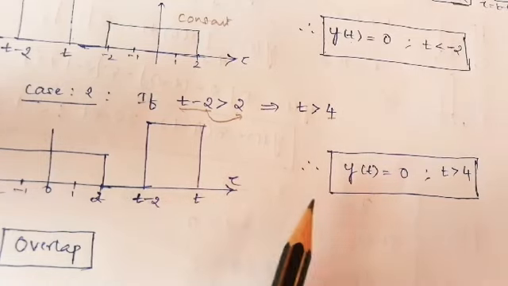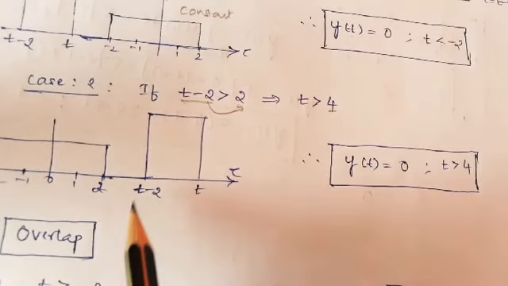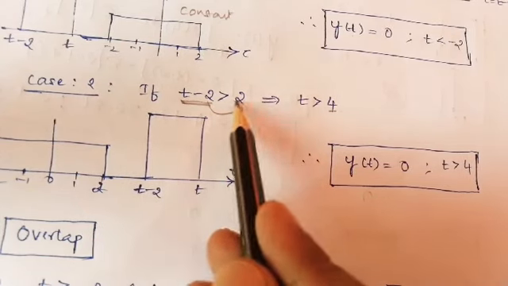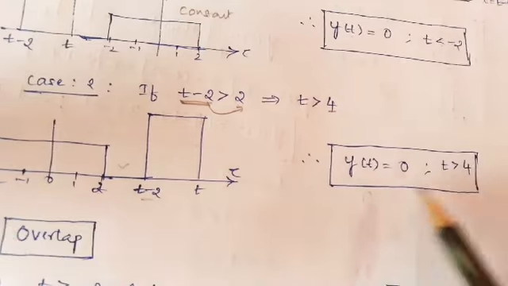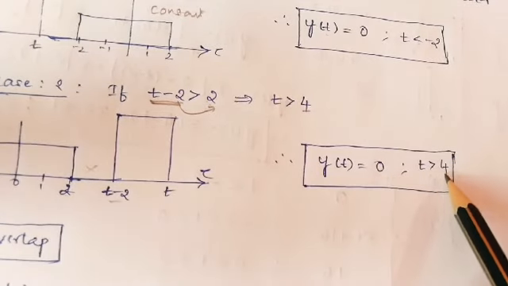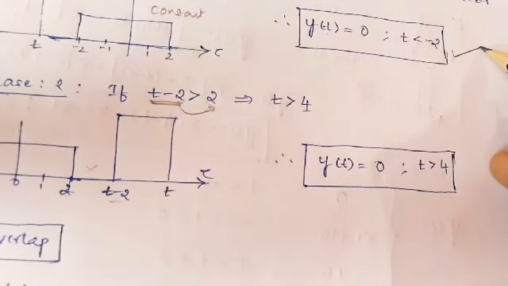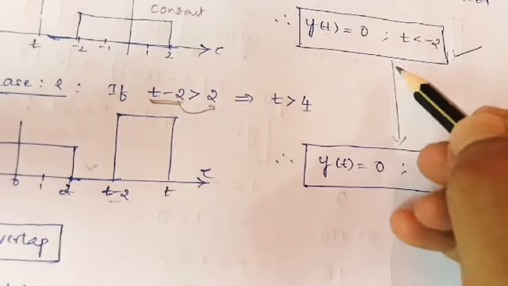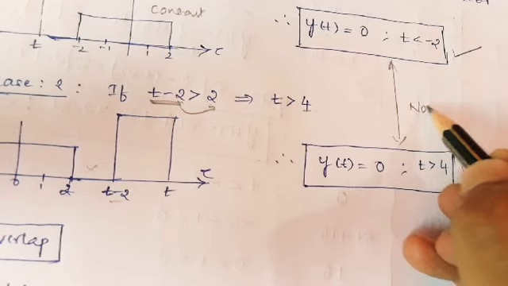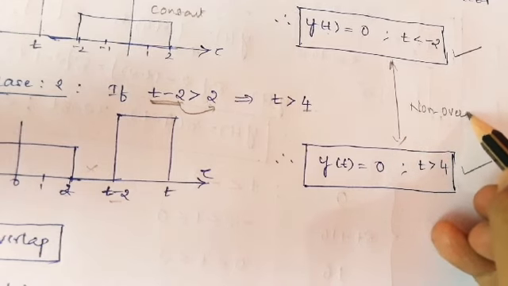We see that graphically: if t minus 2 is greater than 2, then there is no overlap, hence y of t equals 0 for t greater than 4. So we got two cases for non-overlap.